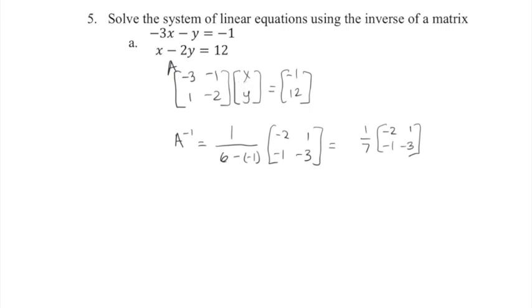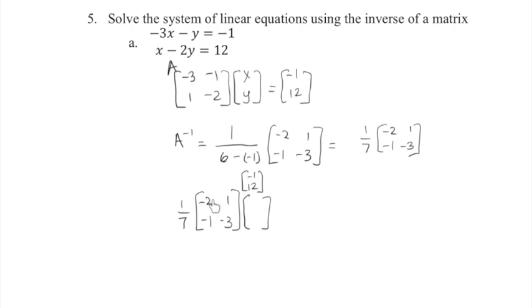But since this is an equation, if you multiply by the inverse here, you have to multiply by this same inverse right here. So it's going to be this times that. And I'm going to leave the 1/7 out. So I'm going to multiply the two matrices together first and then multiply the 1/7 at the very end.